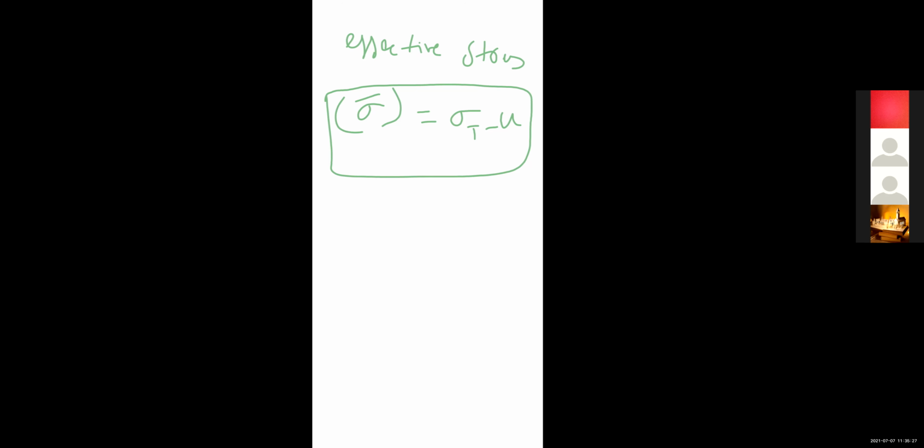Total stress is made of two parts. We can also write total stress equals effective stress plus pore water pressure.